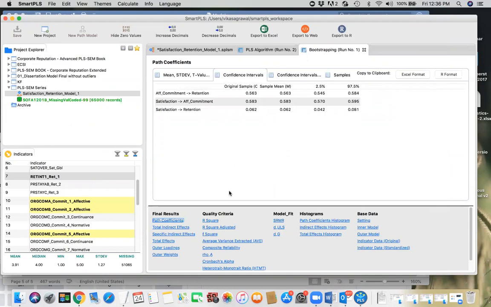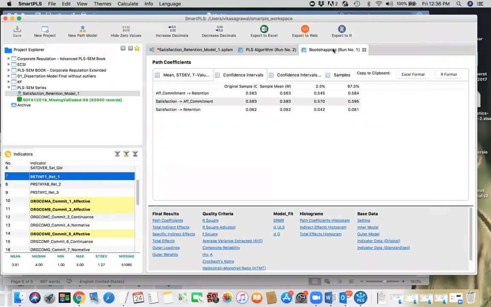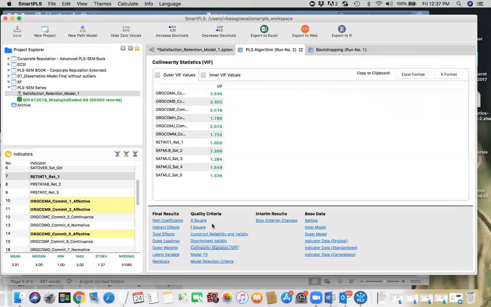We can look at those things here. The collinearity statistics is VIF, and I don't think it's in here. Okay, it's not going to be in your bootstrap, but it's in the collinearity statistics here. And we are more concerned not with the indicators' VIF, the outer VIFs, because these are for constructs, right?